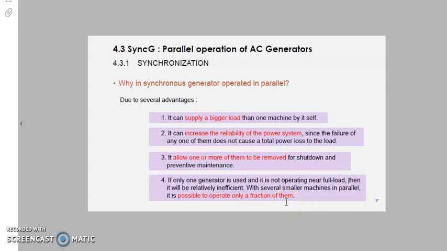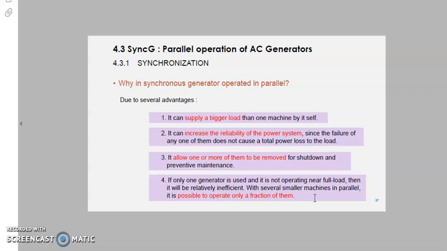If you need to add some more machines, you have to make sure that the two machines operate at full load. You cannot have, let's say, 5 machines, all of them operating at 10%. No. If you have a load which can be covered by 2 machines at full load, you run only 2 machines.